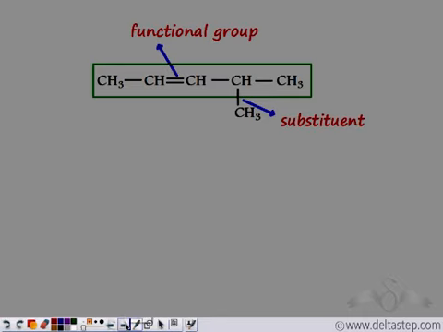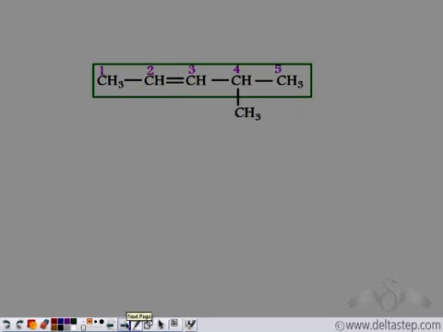Since we give the higher priority to the functional group, we start the numbering from the left hand side. So when we number it from left, the double bond, which is the functional group in this case, gets a lower number. So we number it 1, 2, 3, 4, 5. The first step is to write the prefix. The prefix comes from the substituent.